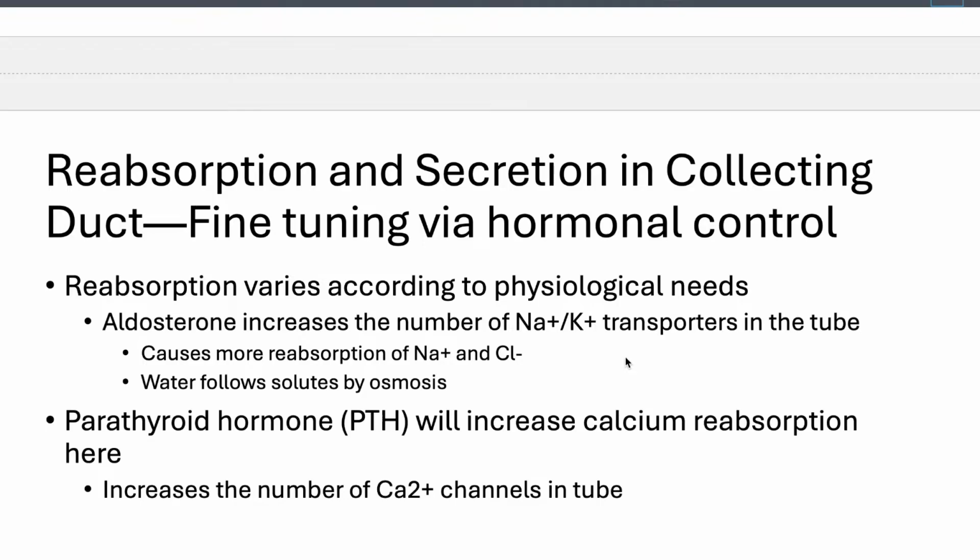Yeah, so that's going to make more reabsorption of sodium chloride.